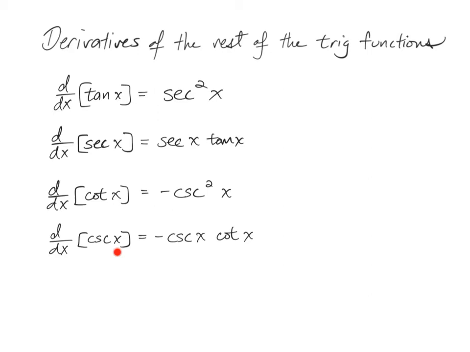And now that you know the quotient rule, you can go back and prove these other two if you desire, just by using the quotient rule and setting up secant as 1 over cosine and setting up cotangent as cosine over sine. But these are rules that you will want to memorize. It'll just make your calculus life a lot easier.